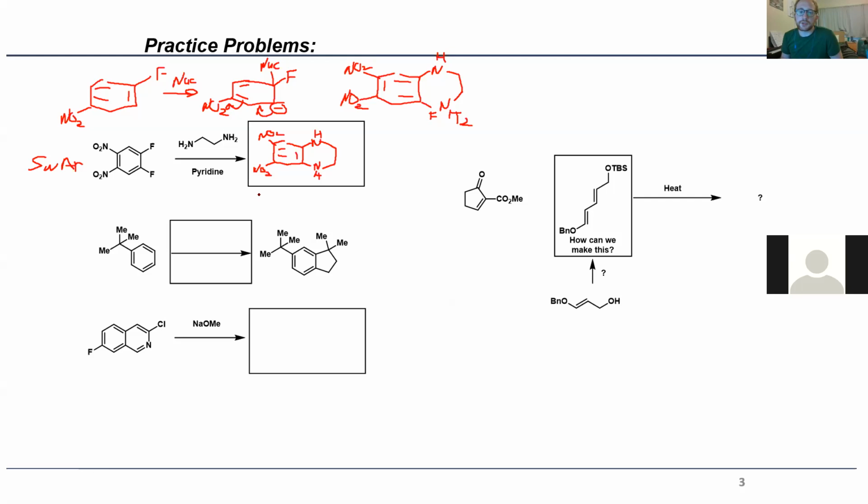Yeah, so someone asked a great question, which is, Sarah is wondering, when the first fluoride is substituted, then the ring would not be that electron poor anymore. Is it still active enough to undergo the second SNAr? With two nitro groups, there is likely still enough stabilization of that Meisenheimer intermediate. And also you have an acceleration of what might even be a slow reaction by the fact that it's intramolecular.